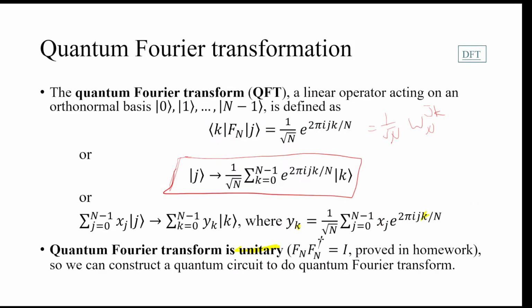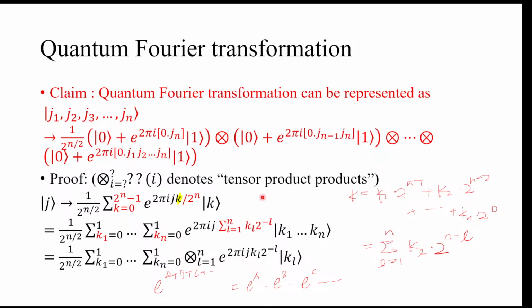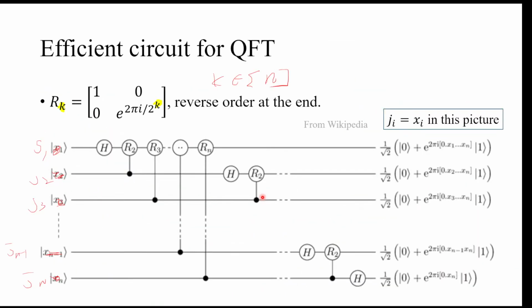So we were able to write down a very fast circuit for the quantum Fourier transform, and it's this. We turn our qubits, qubit by qubit, into a state of this form. The Hadamard turns you into |0> plus e to the 0.x1 |1>, and then you add all those phases with these exponentially small controlled rotations.